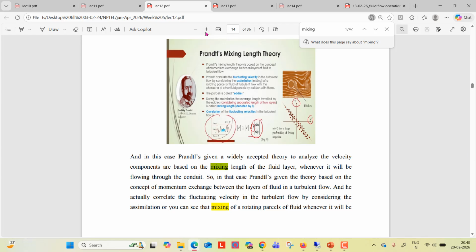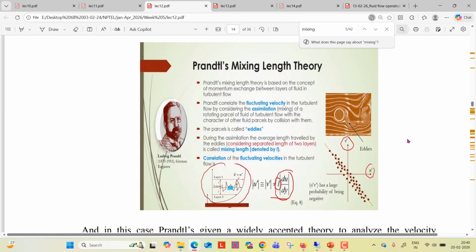What is written is that Prandtl's mixing length theory is based on the concept of momentum exchange between layers of fluid in turbulent flow. When the fluid is passing through an object, after passing through, the fluid layers mix with each other. So this length is called the mixing length.